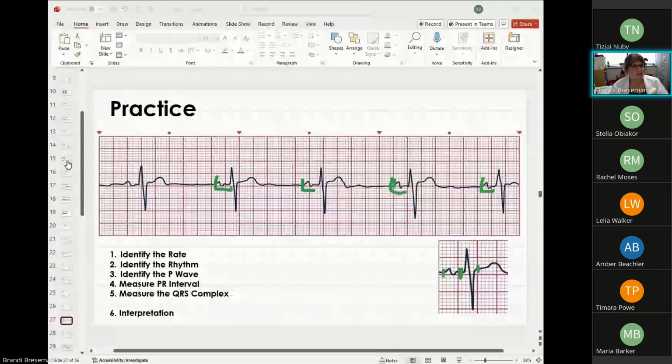I add another 0.02 for my half of a small box, and that puts me at 0.14. It might be a little wider than normal, but I'm not going to call that abnormal, because we're close. And I don't have calipers.